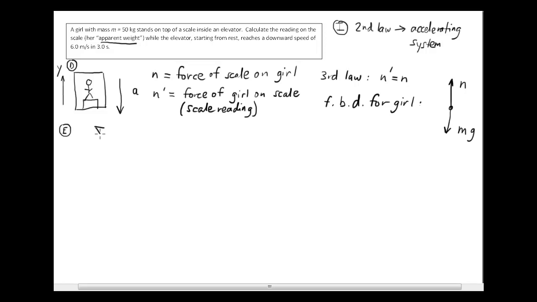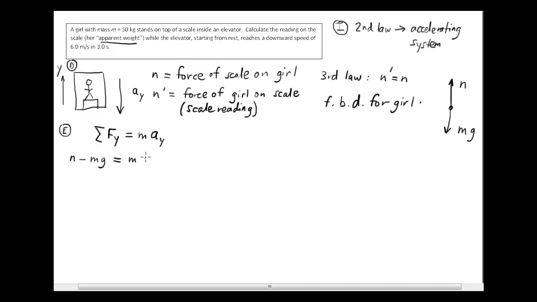So we add up the forces in the y direction, and that should be equal to the mass times the acceleration in the y direction. I'll just put a subscript y on there. So on the left-hand side, we add up the forces. There's a positive force, which is N. Then there's a force directed downward, which is mg. That's all we have.